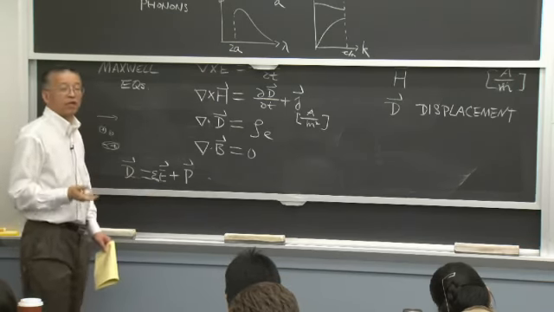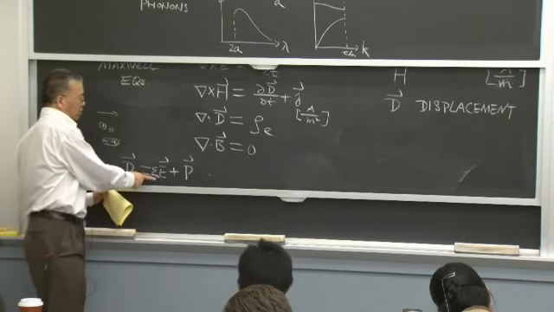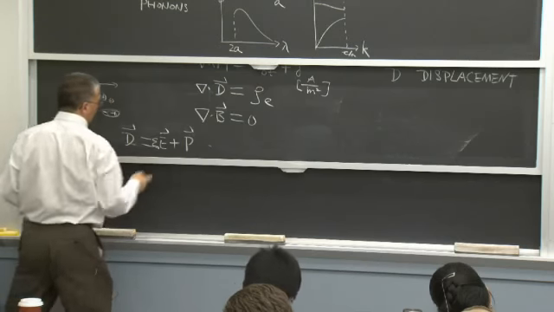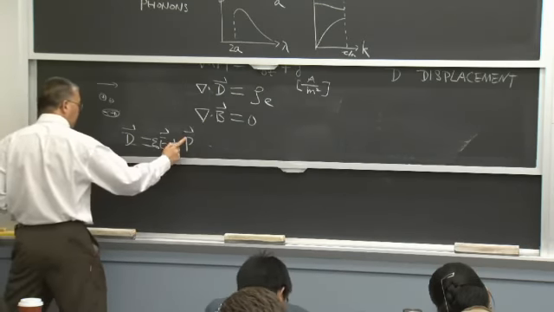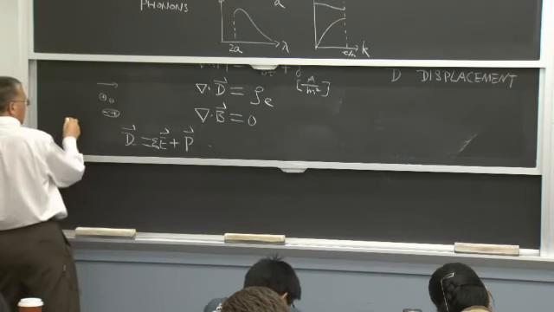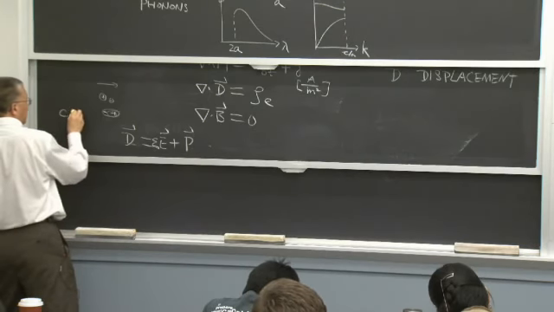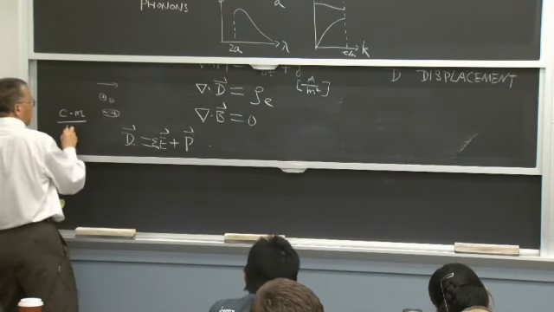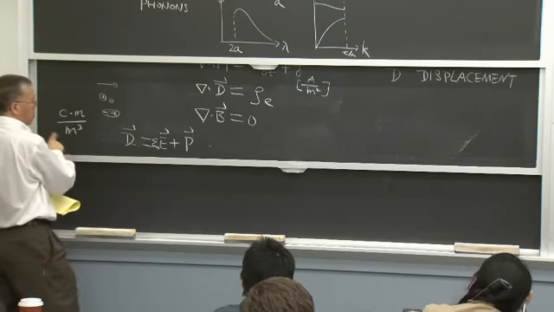So D is the polarization per unit volume, the dipole moment per unit volume, plus the original field that comes in, converted into the same unit, right? That's epsilon 0, the vacuum, plus the dipole moment per unit volume. Dipole moment is charge times meter, and per unit volume is cubic, right? So the unit here is Coulomb per meter square.